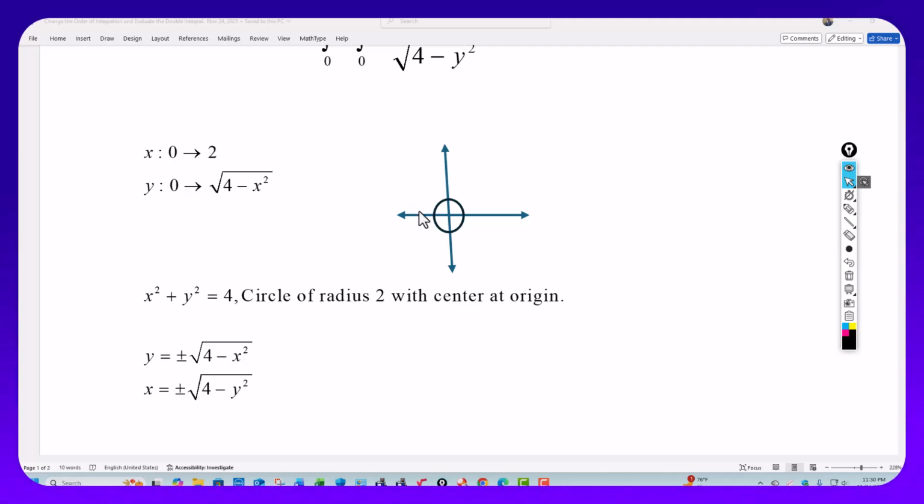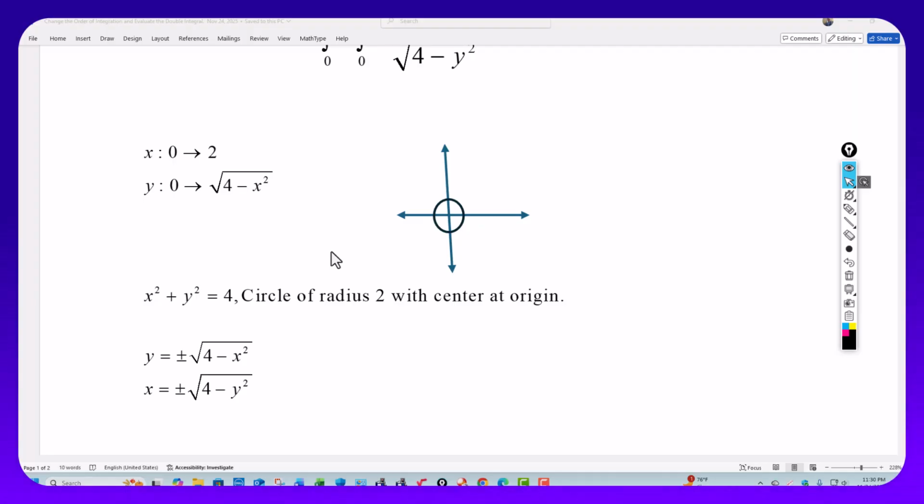The positive gives me the upper half, right over here. Minus the square root of 4 minus x squared gives me the bottom half. If you solve for x, the positive value, x equal to the square root of 4 minus y squared, gives me this right half on the right side of the axis. And x equal to minus the square root of 4 minus y squared gives me the half on the other side.